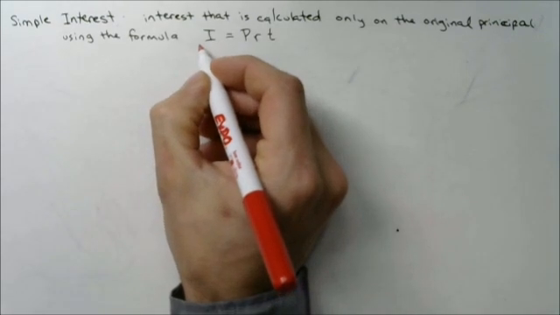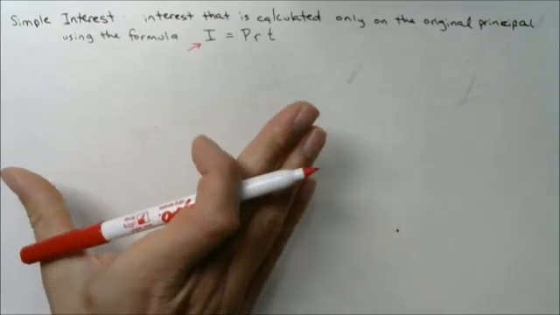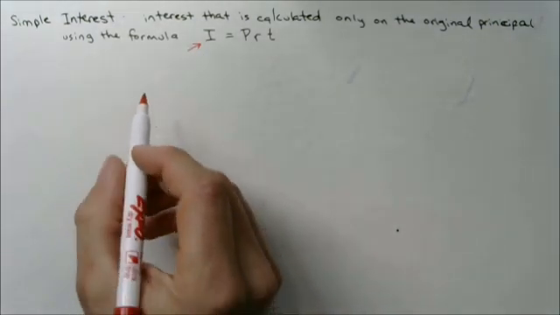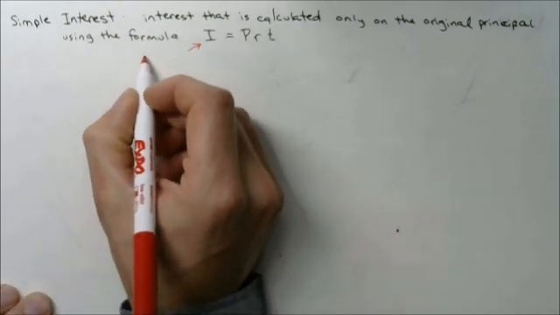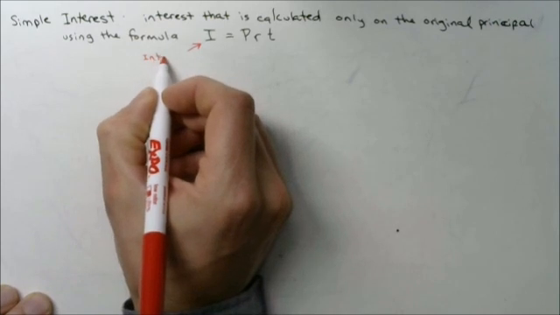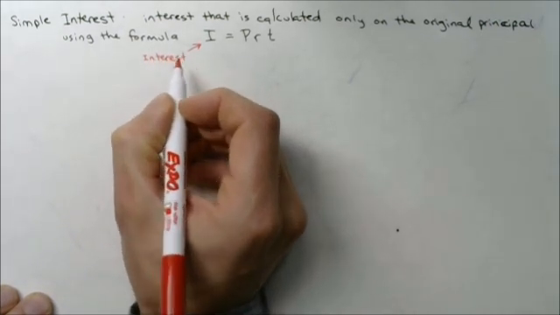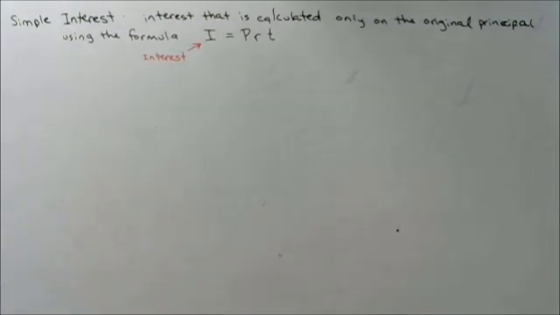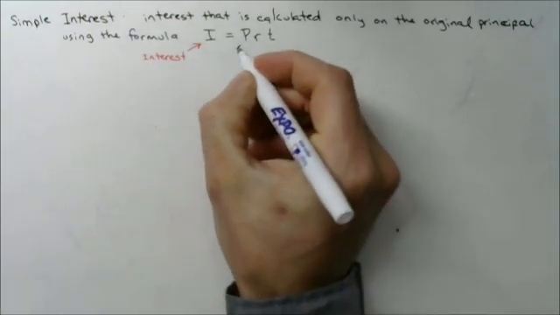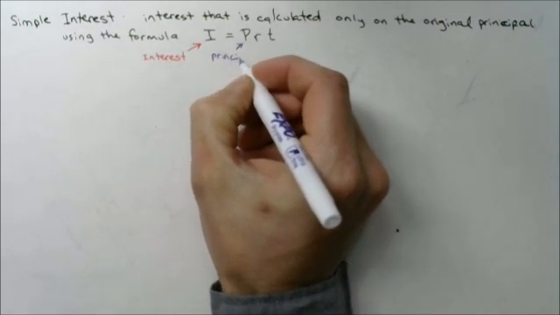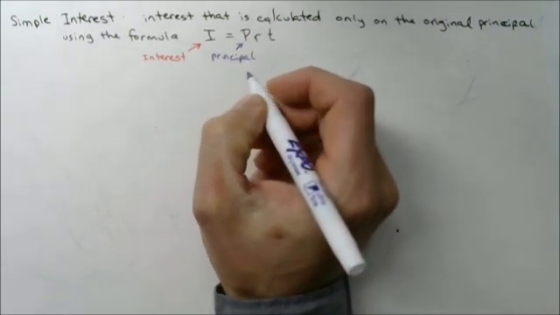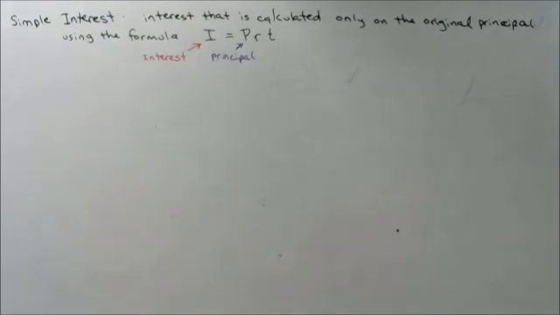And I'm just going to use different colors and some arrows here. Try to keep it tight, small, because we do have more notes to go. But I is going to be the interest. And remember, that could be paid or it could be earned. P is the principal, which we'll write the definition for in a minute.